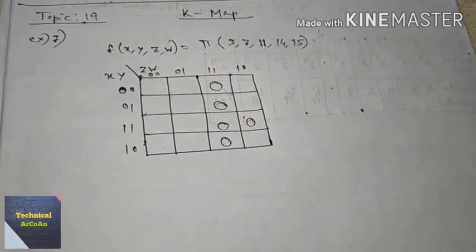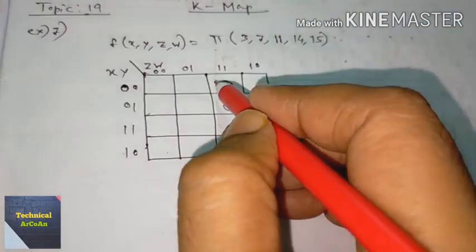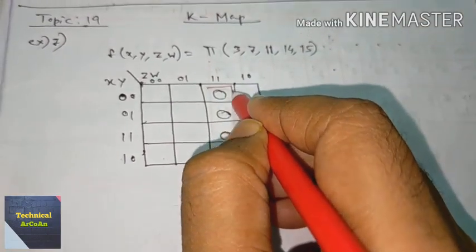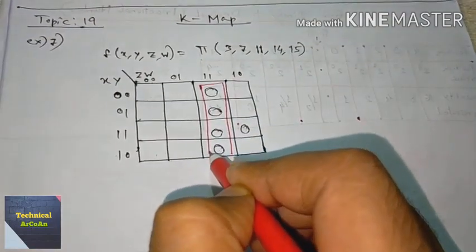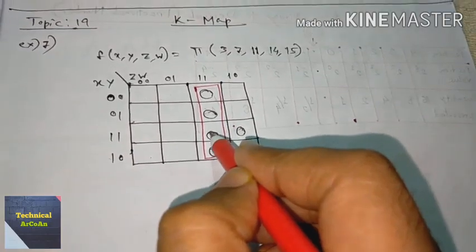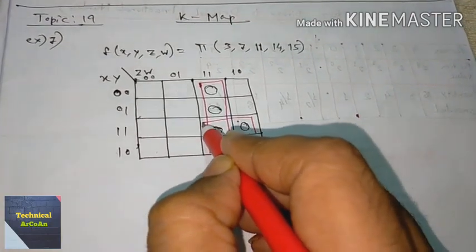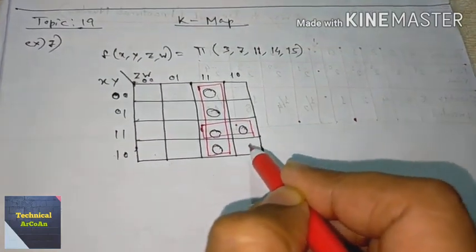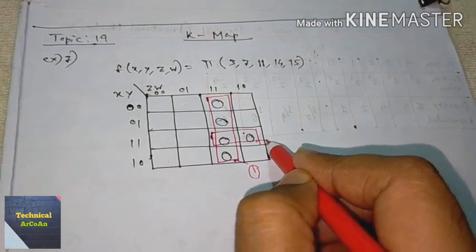Now we form the group. How will the group be formed? This particular column, 4 zeros, can form a single group, okay? And after that we form another group. That means this is your first group and this is your second group, okay?